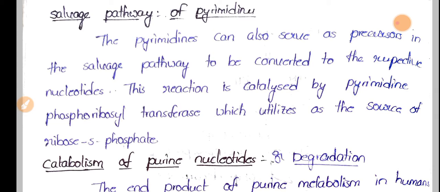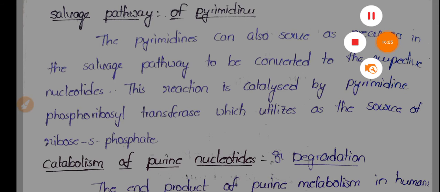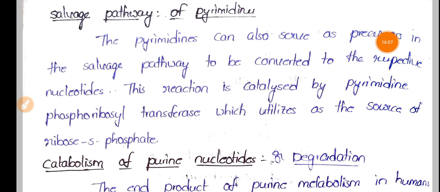The pyrimidines are directly converted into their respective nucleotides, and the reaction is catalyzed by the pyrimidine phosphoribosyl transferase enzyme. They require a source of ribose 5-phosphate. So this is how pyrimidine nucleotides will be synthesized.